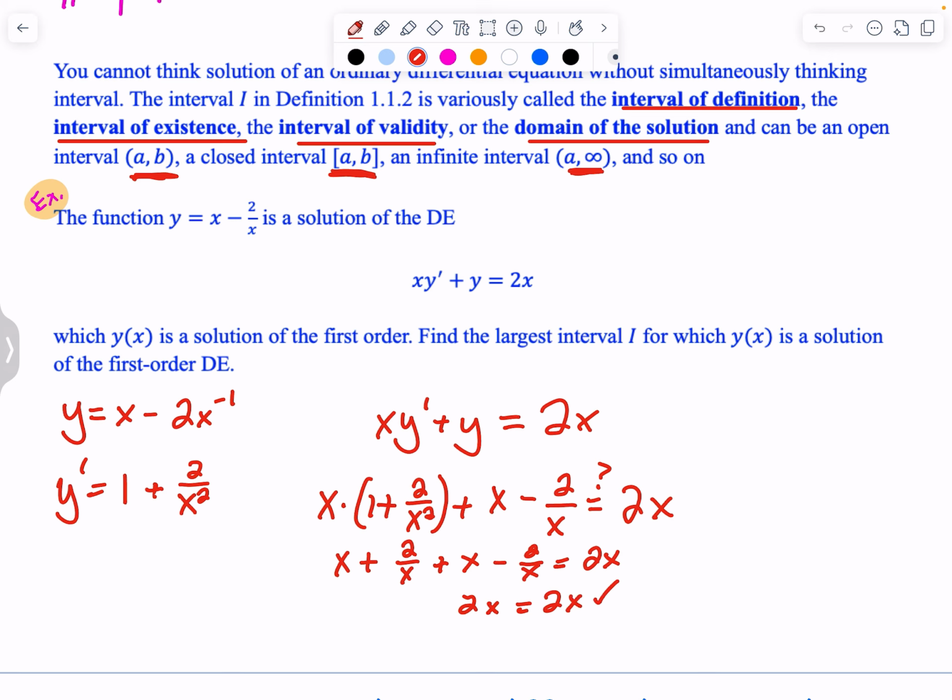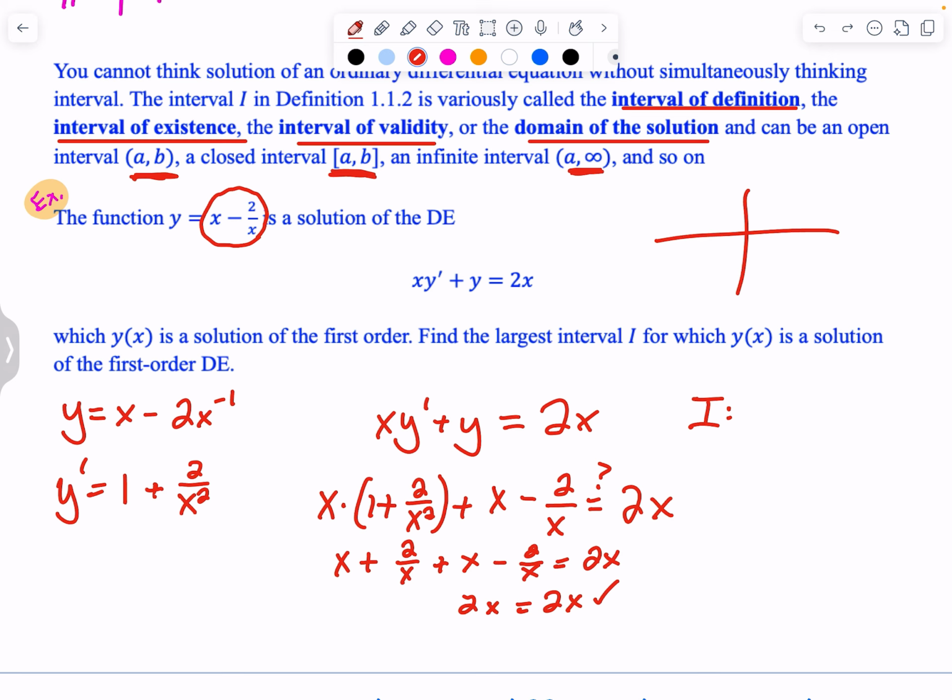And then the interval I is going to be, okay, so we're looking here. If we take a look at this function, the domain of this function, I can plug whatever I want into that as long as it's not 0, right? So this is some kind of function that has a vertical asymptote, something like that maybe. It could be over here, who knows? I just know that I can't do the 0.